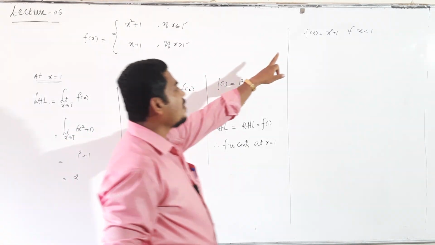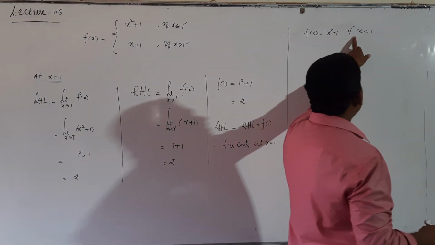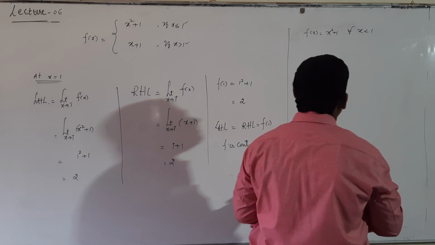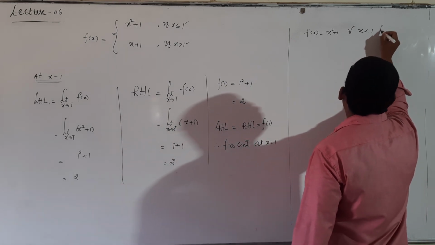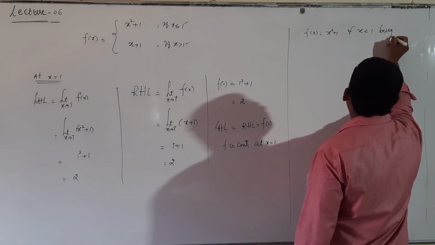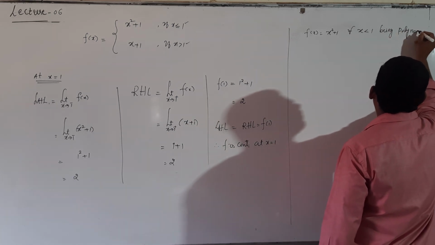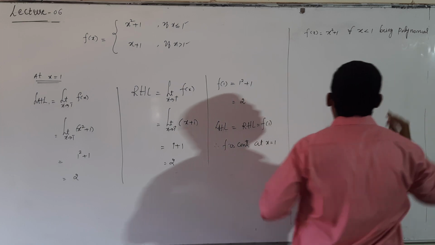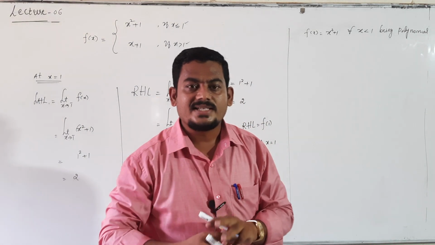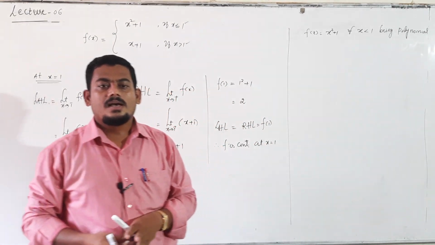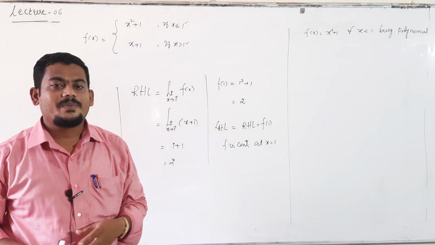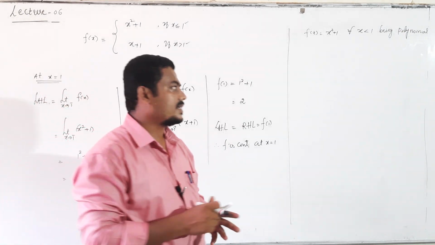f of x equal to x square plus 1 for all x value less than 1, being a polynomial function. Clearly x square plus 1 is a quadratic polynomial, and we have the result that every polynomial is continuous everywhere.